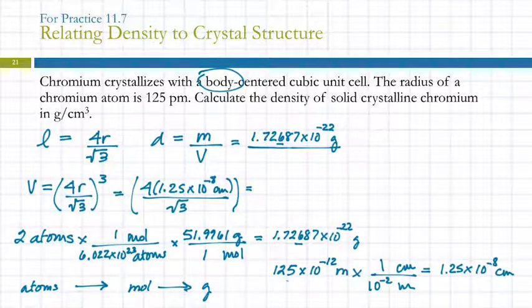So I've got 4 times 1.25 E minus 8 divided by the square root of 3, and that whole thing raised to the 3rd power, 2.4056 times 10 to the minus 23rd cubic centimeters.